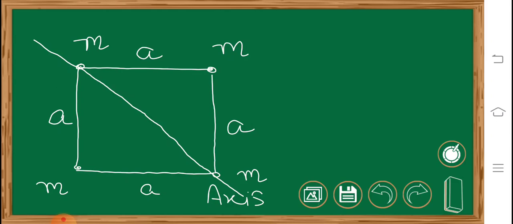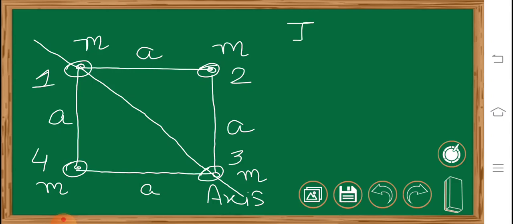Now in this case, if we take the particles as 1, 2, 3 and 4, so we can see that 1 and 3 are lying on the axis. So I1 and I3 both will be equal to 0.